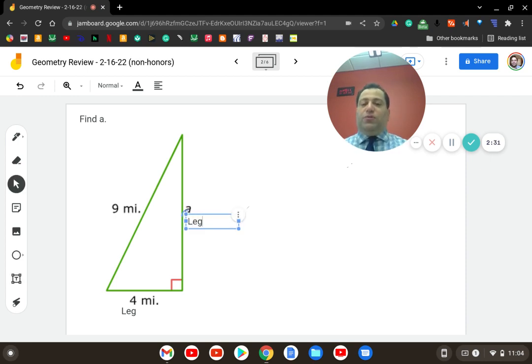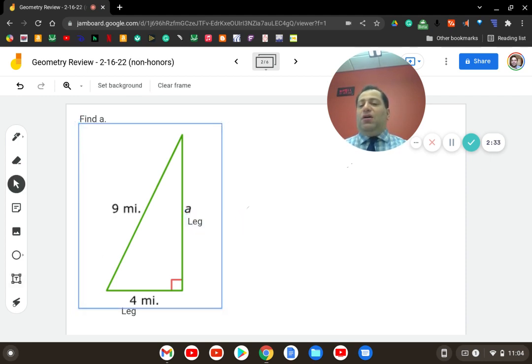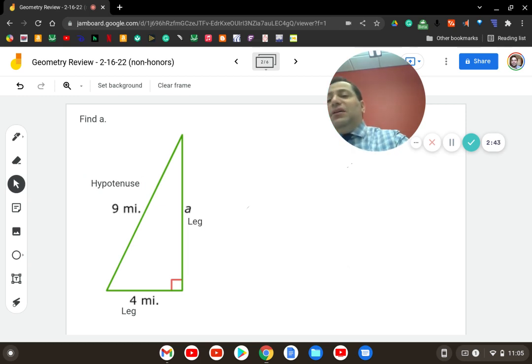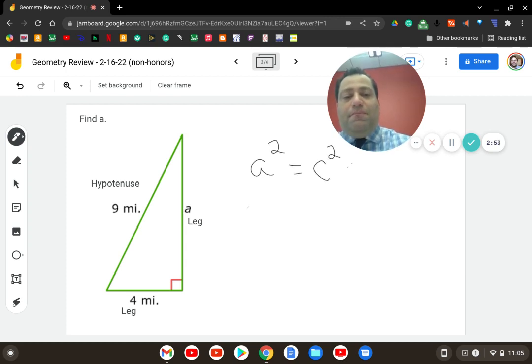I'm quickly going to identify what I have, 2 legs and a hypotenuse. And I see that I'm missing a leg. When I'm missing a leg, I have to use the subtraction method of the Pythagorean theorem. So in this case, a squared equals c squared minus b squared.